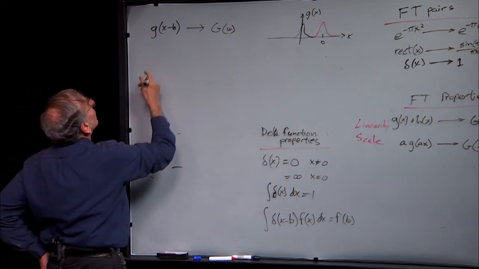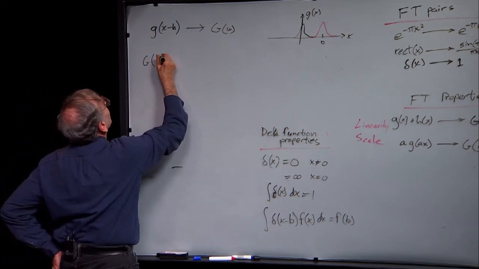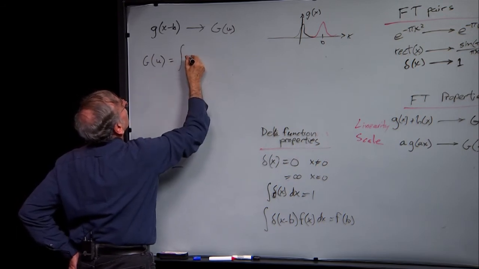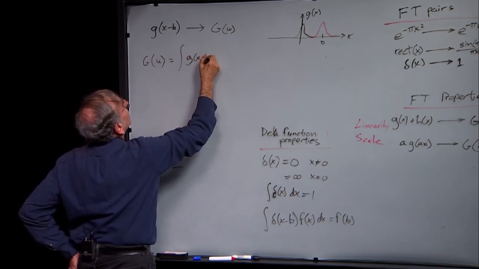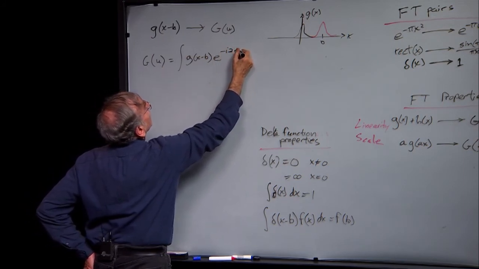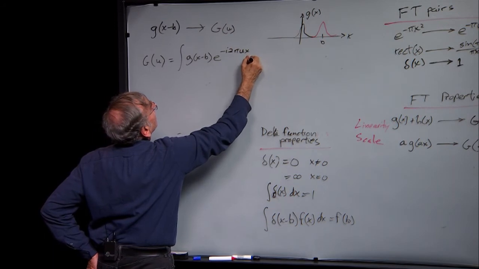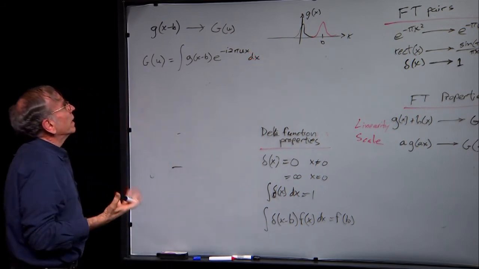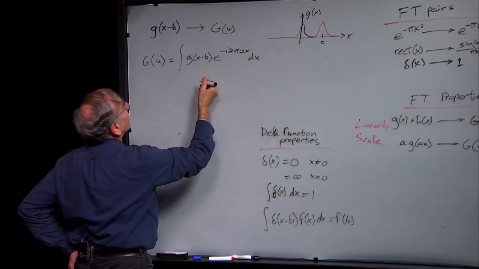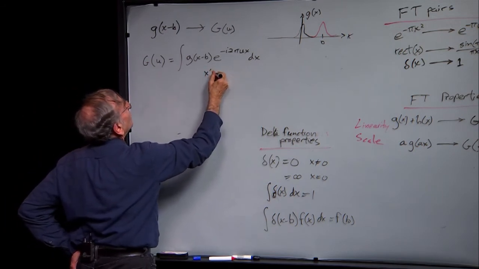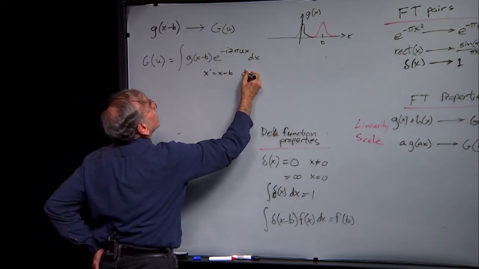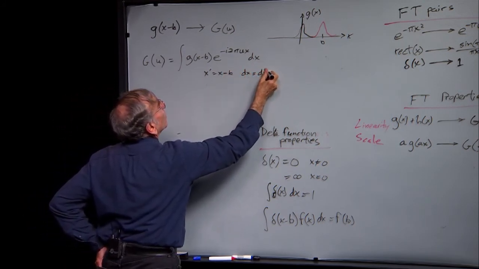Okay, so we can work that out. So G of u is equal to our old friend, the integral of g of x minus b, e to the minus i 2 pi u x dx. And again, I can just do a change of variables trick. So in this case, I'm going to let x prime be x minus b. dx is the same as dx prime.